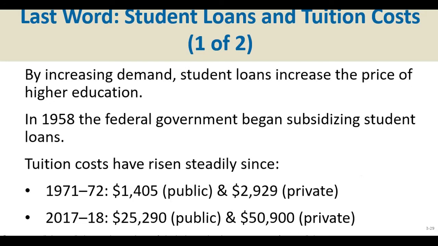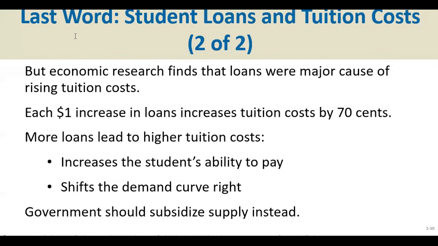So what do you guys think explains that jump in the tuition? The college professors are making that money, or there's a lot of investment in the college, the books and all those things. What economists discovered through research, you can see here, is that each dollar increase in loans increases the college cost by 70 cents.